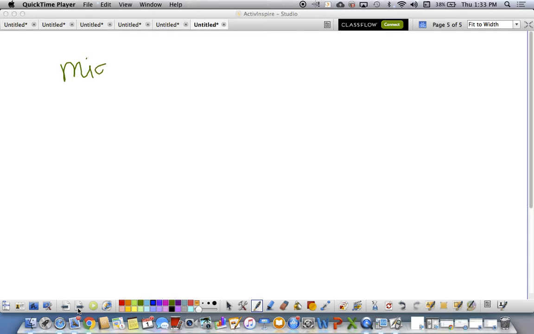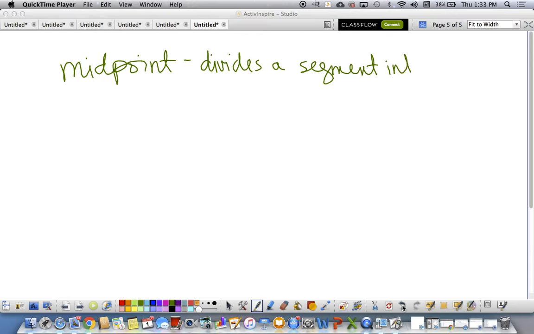The last definition. What is the midpoint? The point in the middle. There's a definition if you turn the page that says the midpoint divides a segment into 2 congruent parts.